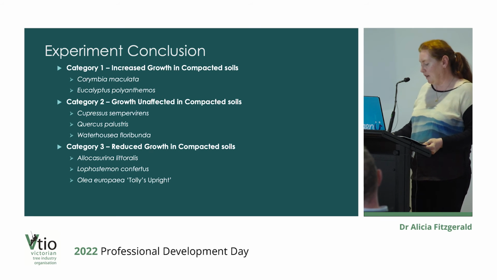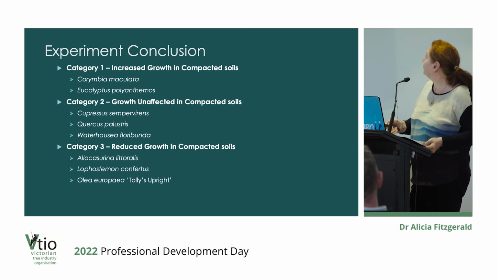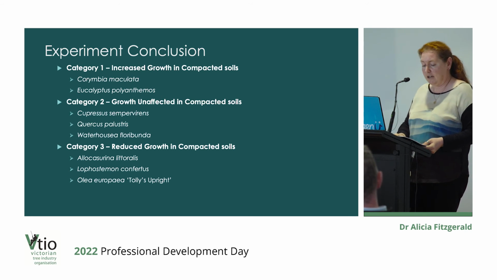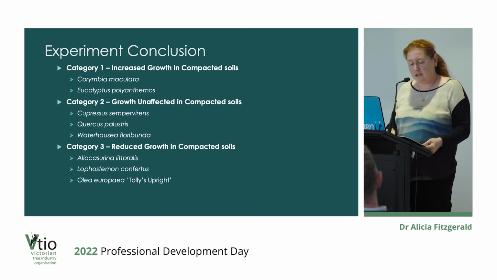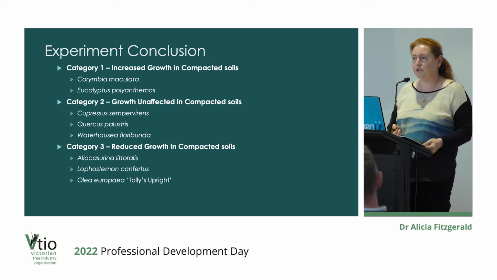They will grow adequately if the soil remains compacted. And for category 3, the Allocasuarina, Lophostemon and Olea all had reduced growth in compacted soil, did not tolerate soil compaction, and site amelioration would be necessary for growth. These species may not be suitable for compacted soils.